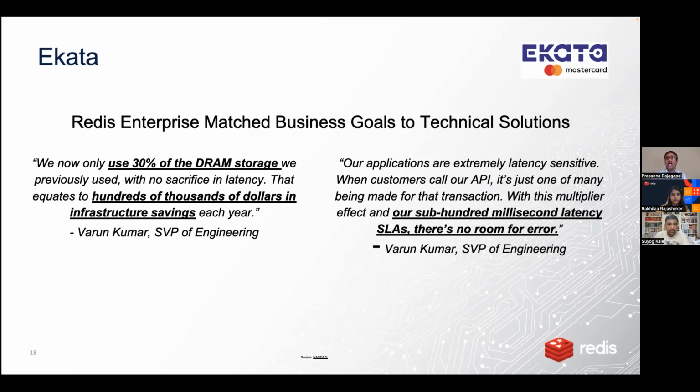Ekata has sub-100 millisecond latency requirements, according to Varun Kumar. Redis on Flash reduced the RAM usage, thus saving money while meeting their strict latency requirements. So you're trying to achieve your business goals using Redis as a solution.